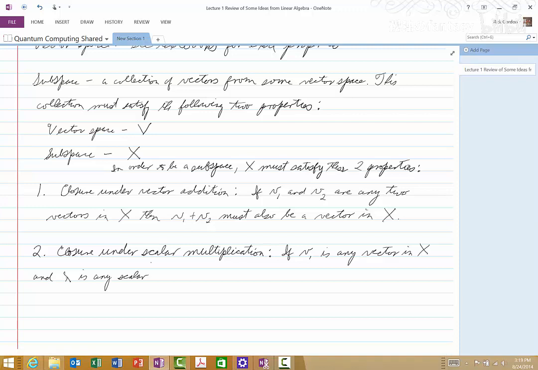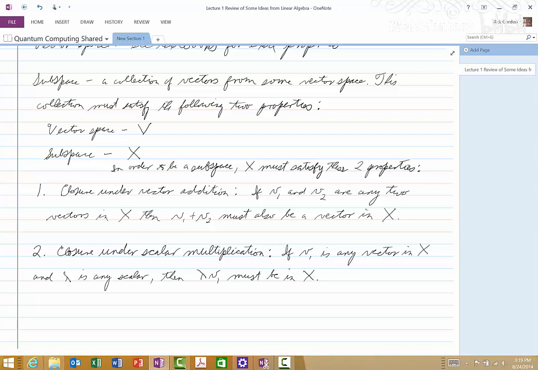But getting back to our property here, if v1 is any vector in X and lambda is any scalar, then lambda v1 must be in X. And so those are the two properties that X must satisfy in order to be a subspace of V.